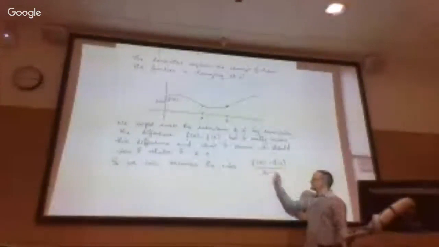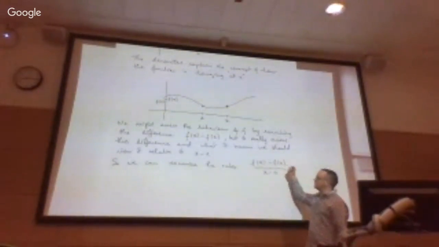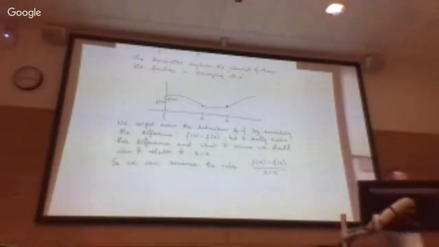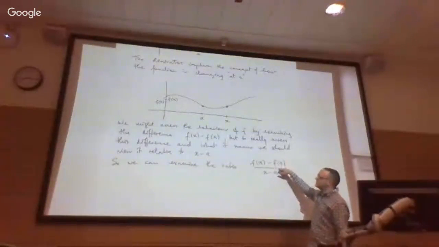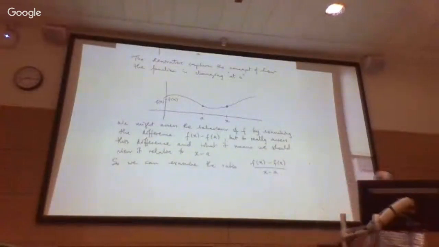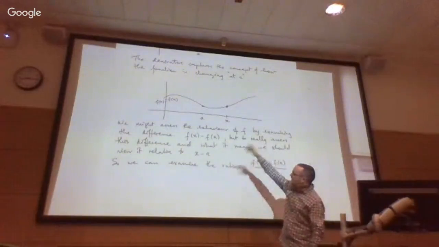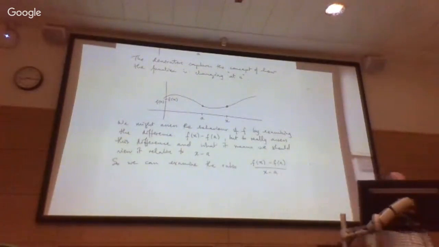And equally, if f of x minus f of a is positive, it means the function has increased a little when it moved to x, and if it is negative, it means the function has decreased a little. So by examining the sign of the ratio, you can figure out whether the function is genuinely increasing as you move from left to right, or decreasing, between those two points a and x.